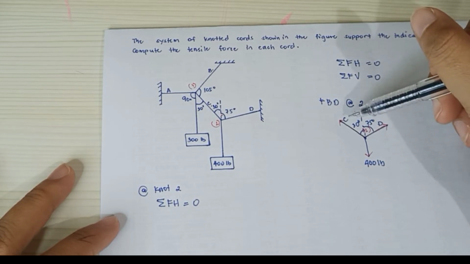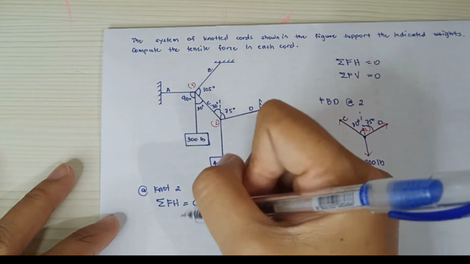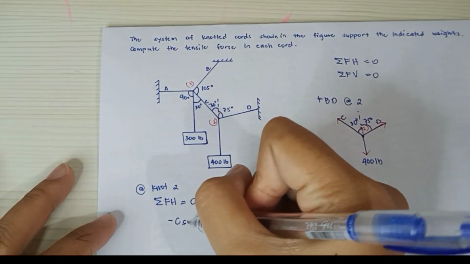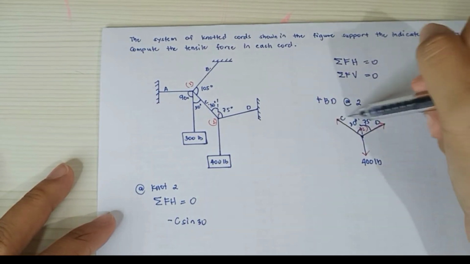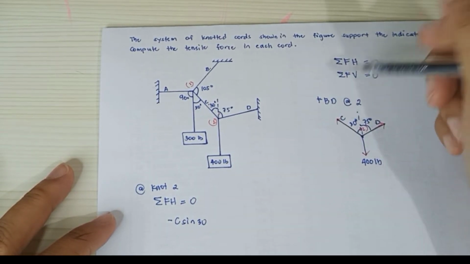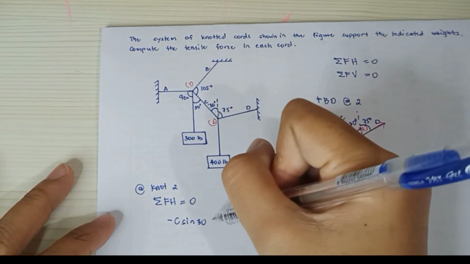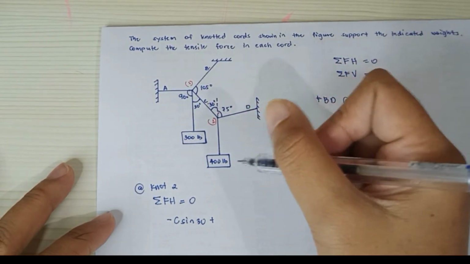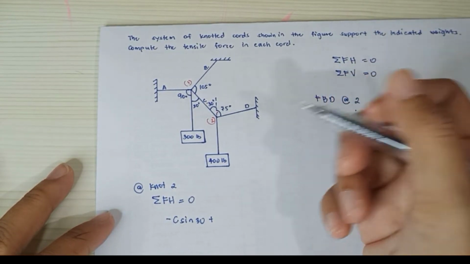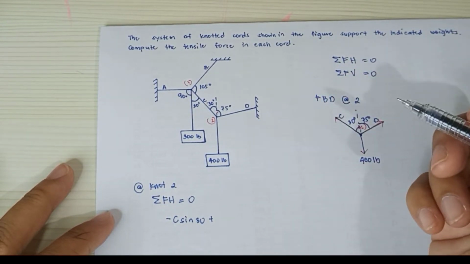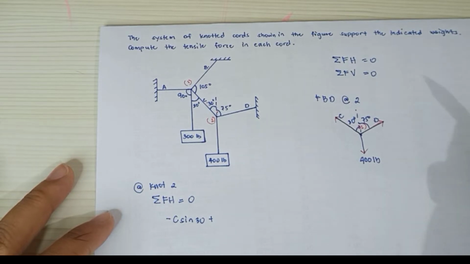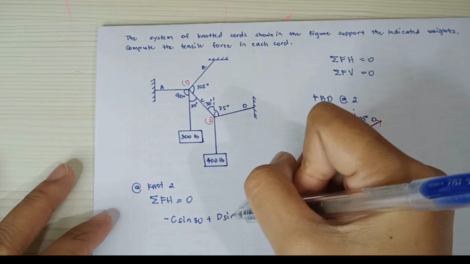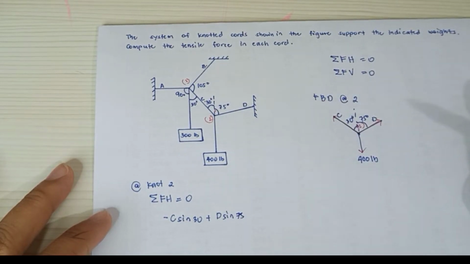Okay, from chord C, we have negative C sine 30. Para makuha natin yung horizontal component ng C. And, meron tayong D plus C kasi to the right siya, which means positive in reference to our Cartesian plane. Okay, we have plus D sine 75.